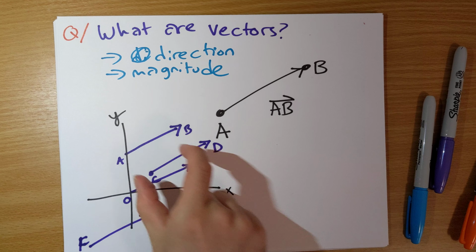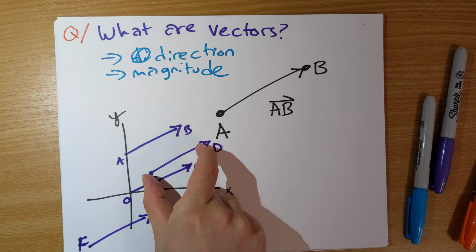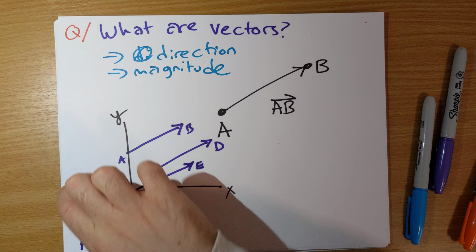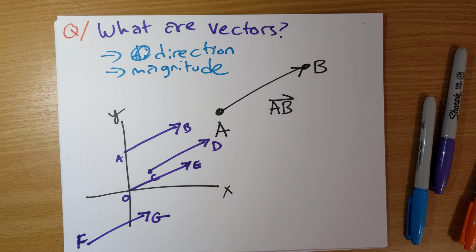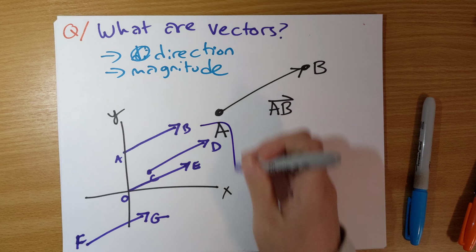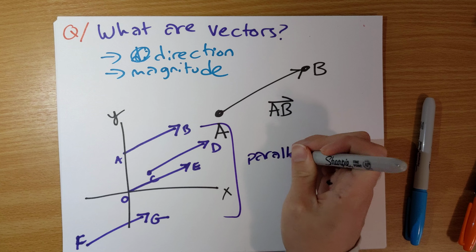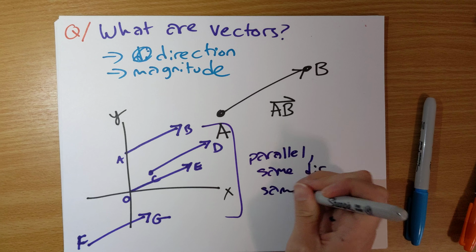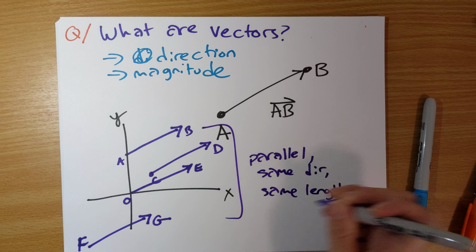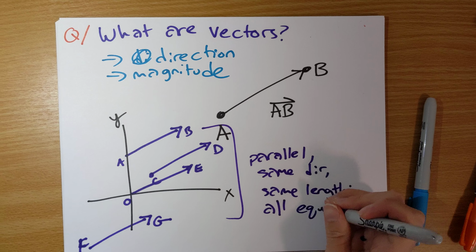I was trying to achieve that each one of these has the same length, and they all are pointing in the same direction. So all of these vectors are going to have the same direction. Let me just point out here, these are all parallel, same direction, and same length. So these are all equal to each other.